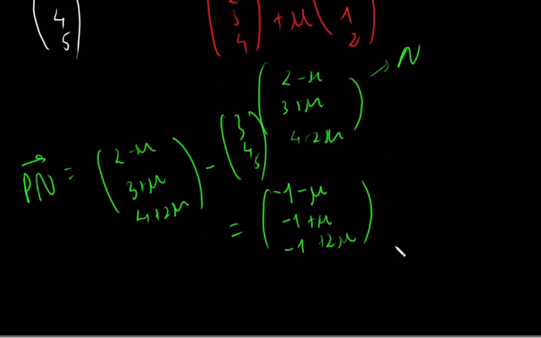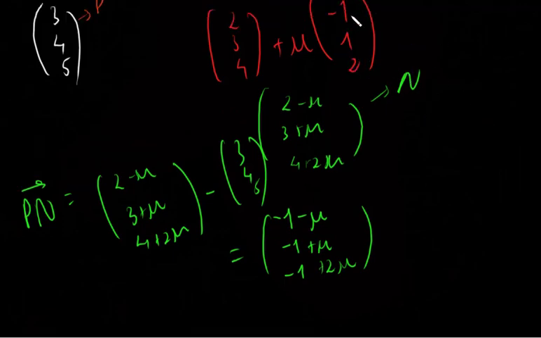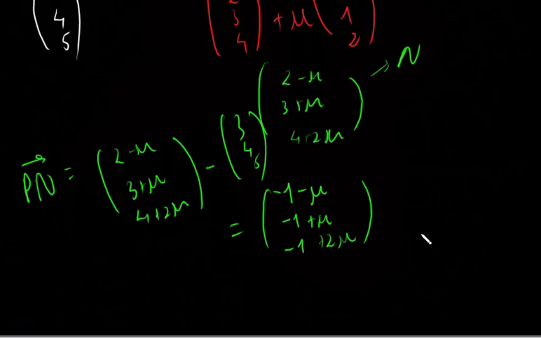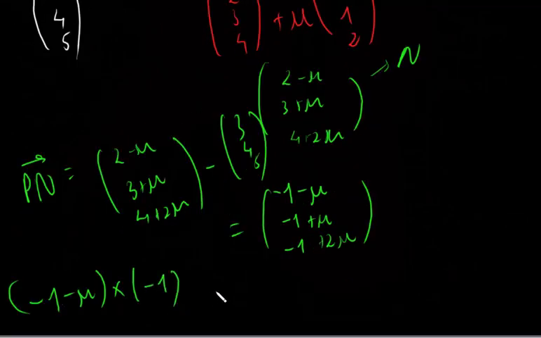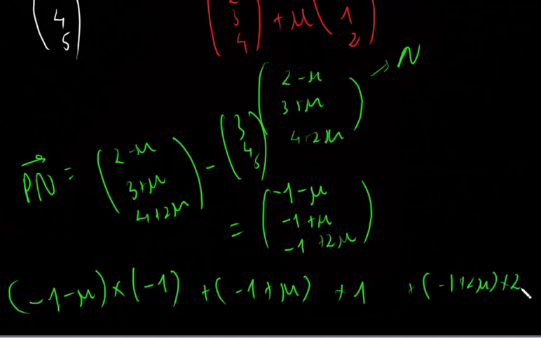And so here we have this line, and this line is actually perpendicular with the line L. So the direction of L is (-1, 1, 2), and it's perpendicular with this line. So what we have is (-1 minus mu) times (-1), plus (-1 plus mu) times 1, plus (-1 plus 2 mu) times 2.